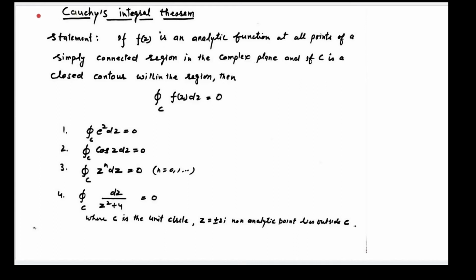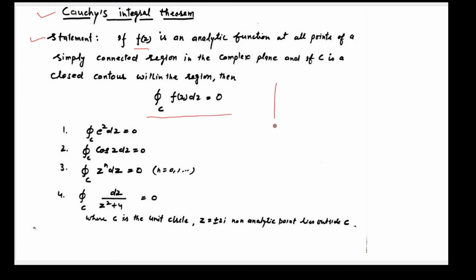Next is the Cauchy integral theorem, a fundamental theorem of complex analysis. According to this theorem, if f(z) is an analytic function at all points of a simply connected region in a complex plane, and if C is a closed contour within the region, then the closed line integral of f(z) along any closed contour will be equal to 0.